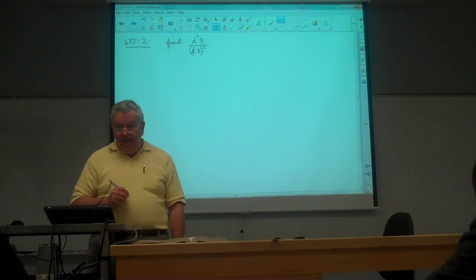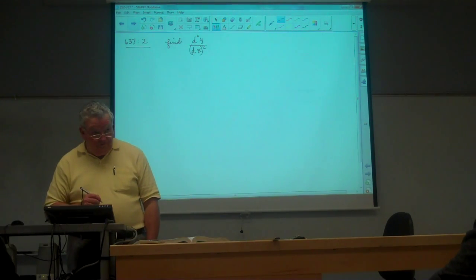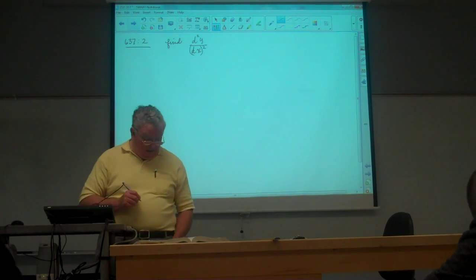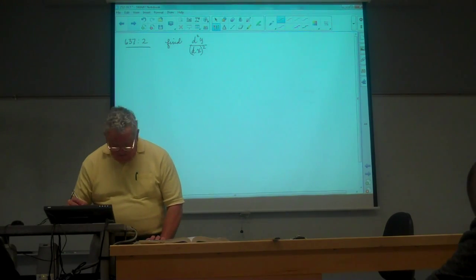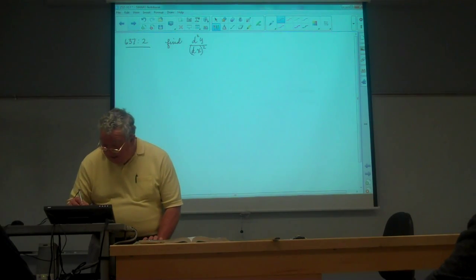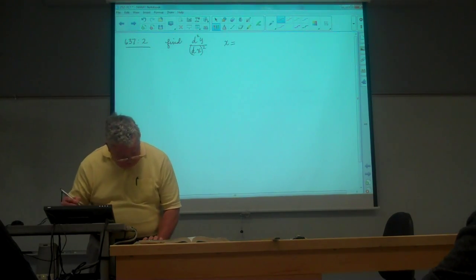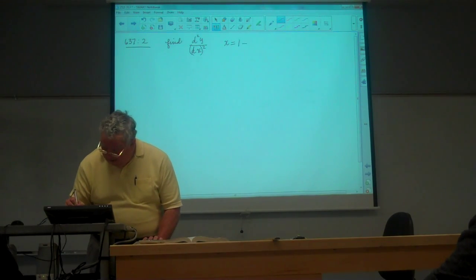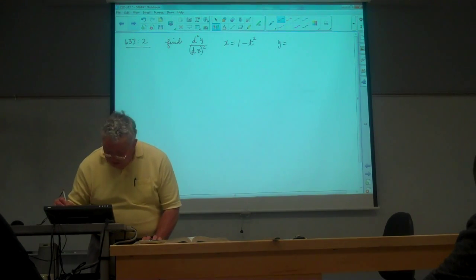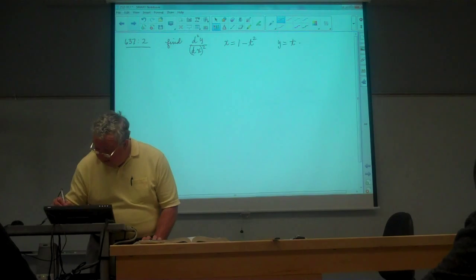Isn't that the second derivative? And remember, I don't know how to take the second derivative. I have to take the first derivative. If x is equal to 1 minus t squared and y is equal to t minus t squared.